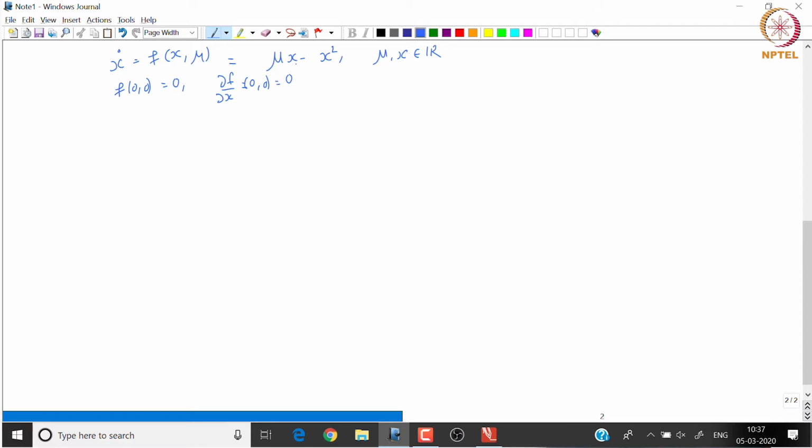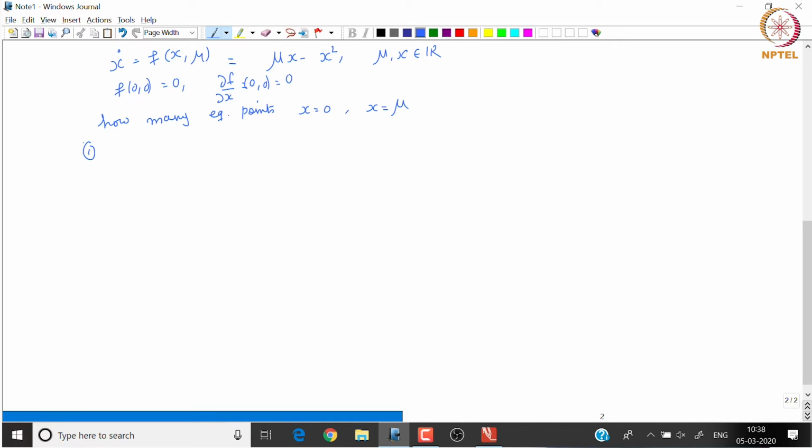Okay, so first is how many fixed points? How many equilibrium points or fixed points? I will use these words interchangeably, but they actually mean the same. So I have x equal to 0 is one fixed point or equilibrium point, x equal to mu is another fixed point.